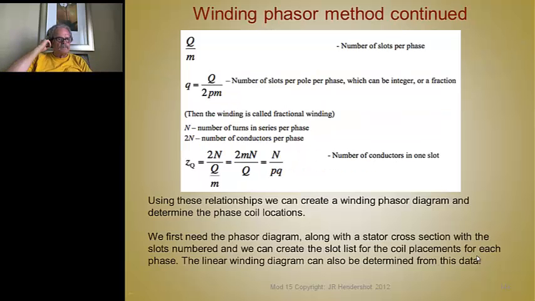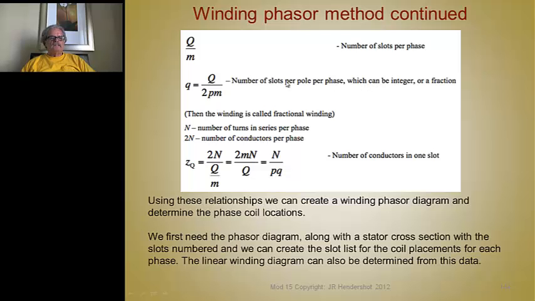So if we consider the number of slots per number of phases, and by the way, this must be an integer. For balanced windings, you're going to use all the slots, and that means that the number of phases has to divide into the number of stator slots evenly with no remainder.